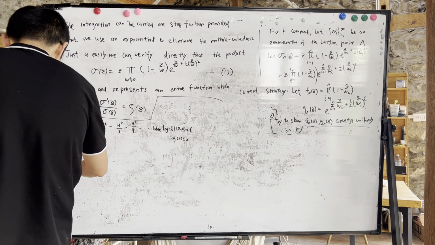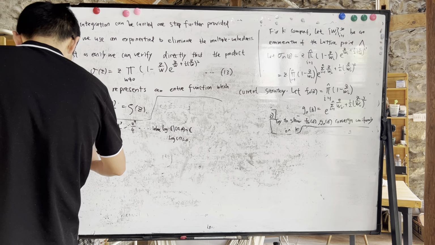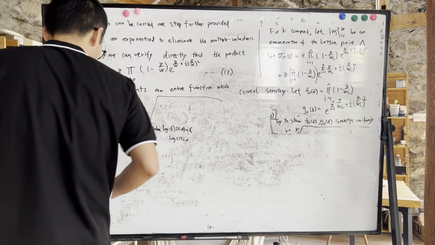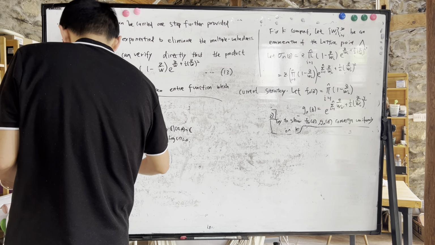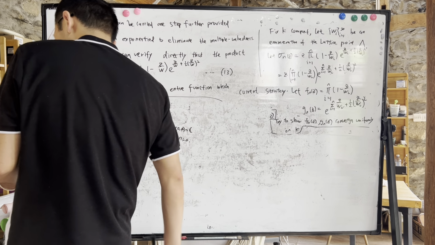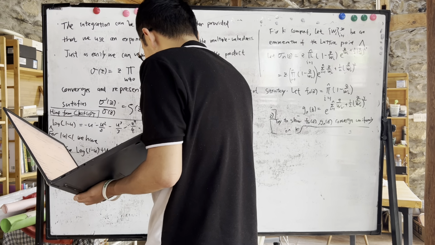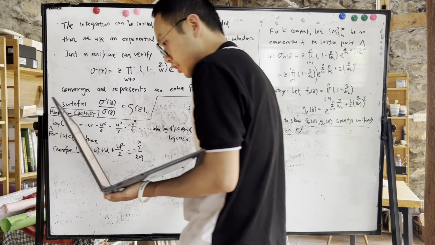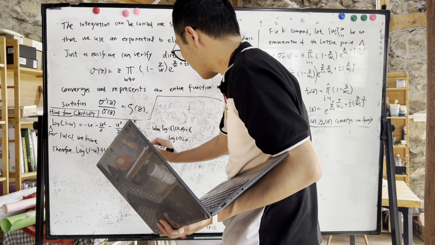So therefore we have log of 1 minus u plus u plus u squared over 2 is equal to negative summation k equal to 3 to infinity of u^k over k. Okay, so u to the kth power over k.